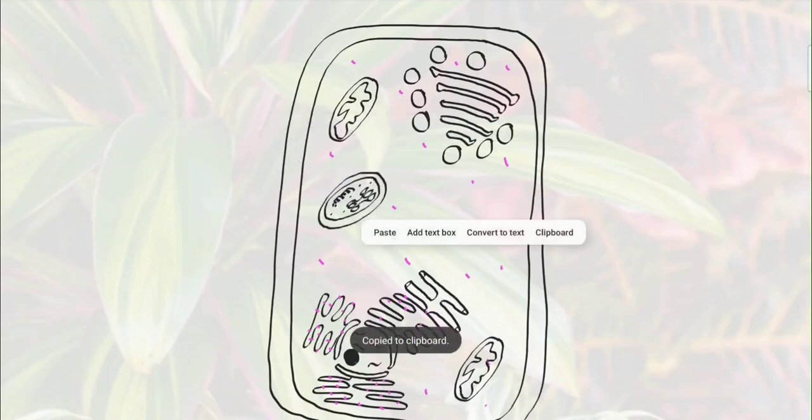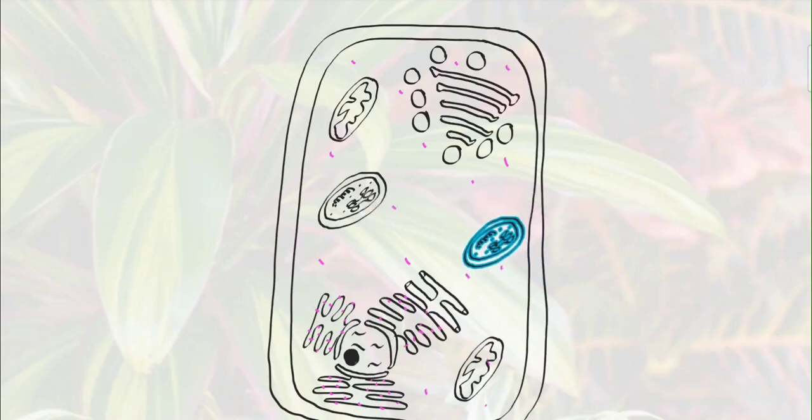Another chloroplast. The amyloplasts, which we can also draw, something like that. I have to draw them attached.